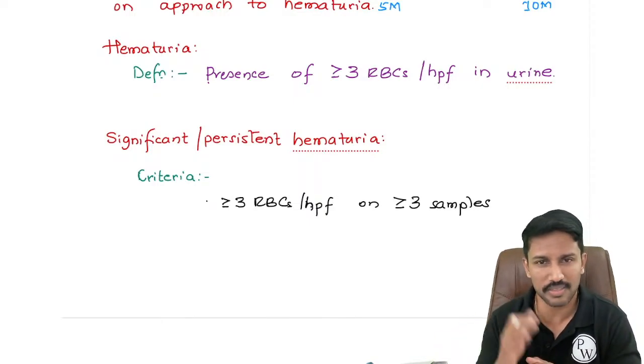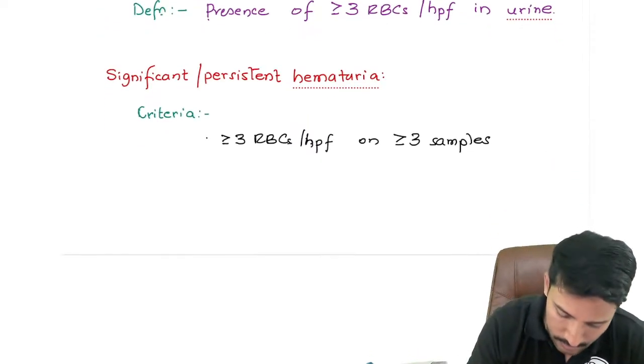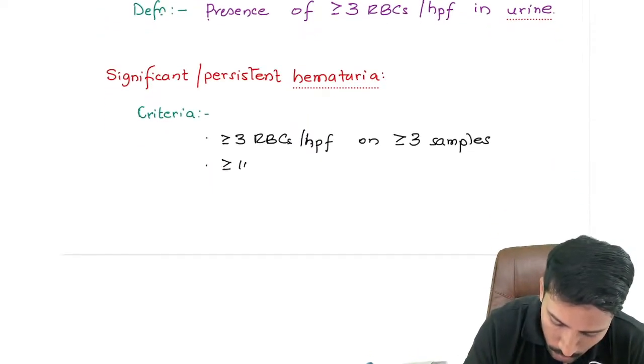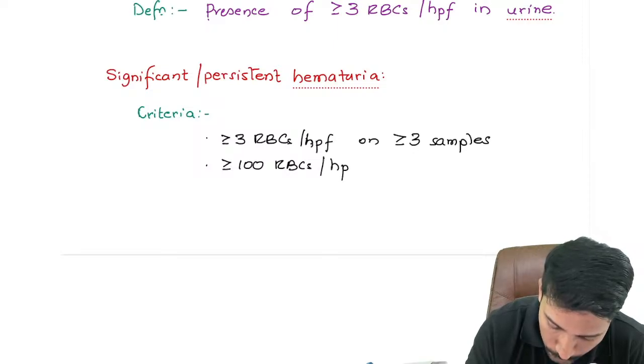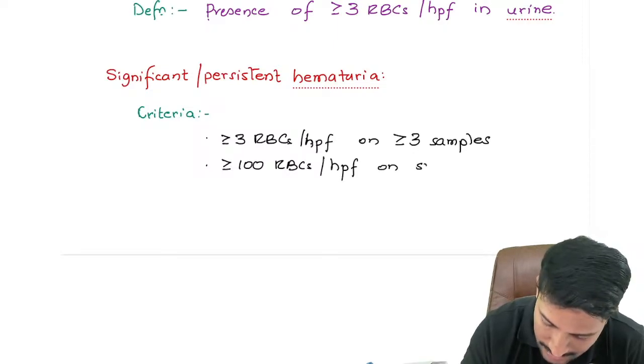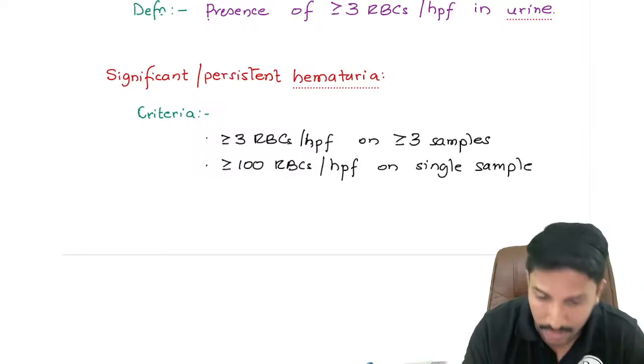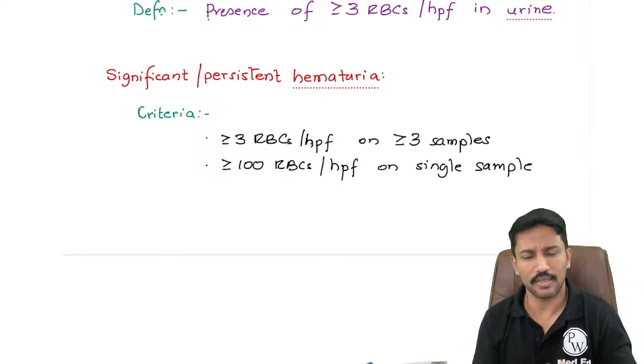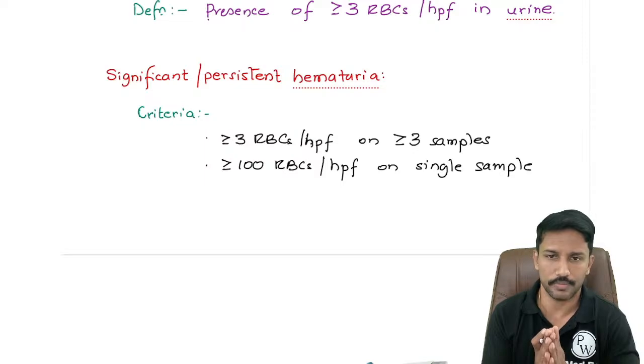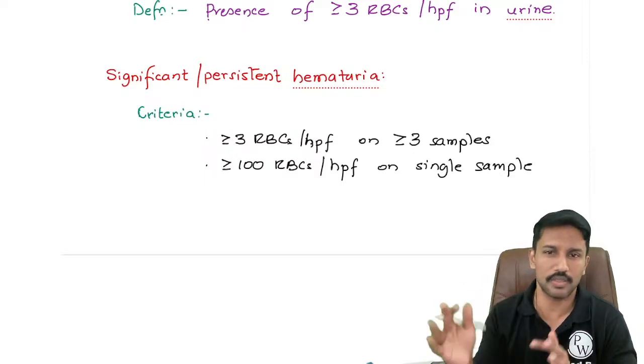So it's easy to remember 3, 3. Second is more than or equal to 100 RBCs per high power field on single sample. So if I get one sample where the RBCs are more than 100 per high power field, then it is significant hematuria. I don't have to look for second sample, third sample.